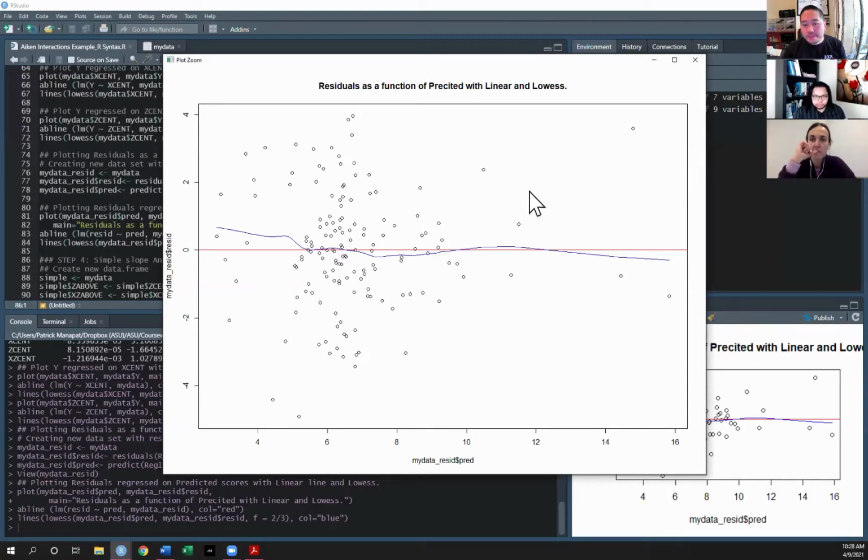So if we were missing something, like some kind of non-linearity, or if the interaction term wasn't useful to add to our model, or if we were missing a predictor, then we might see a pattern in this plot. So all we're looking for is a flat regression line and a flat LOESS line.